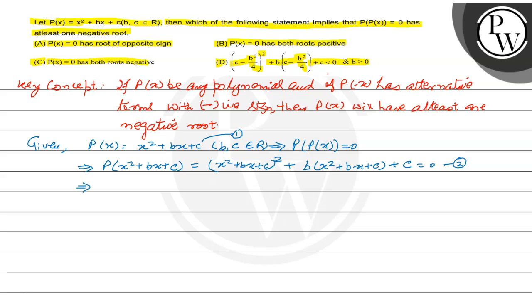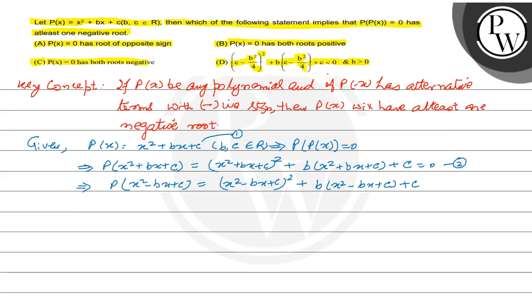If I am putting P(minus x), it will be x square minus bx plus c, and here also it will come (x square minus bx plus c) whole square, and b times (x square minus bx plus c) and plus c.